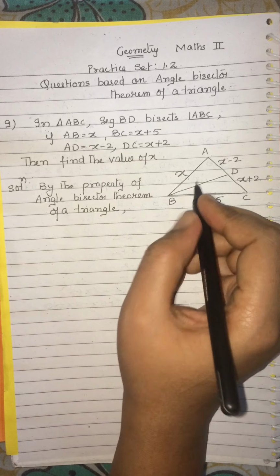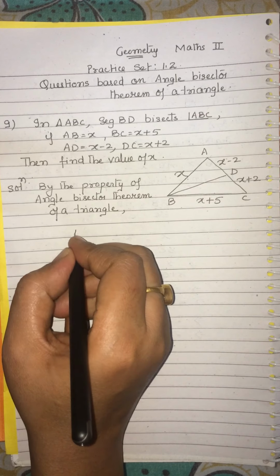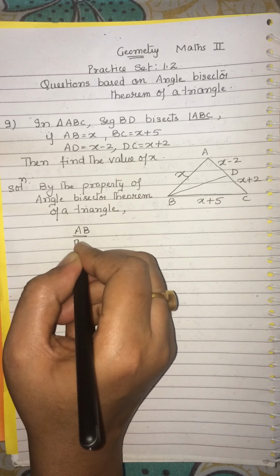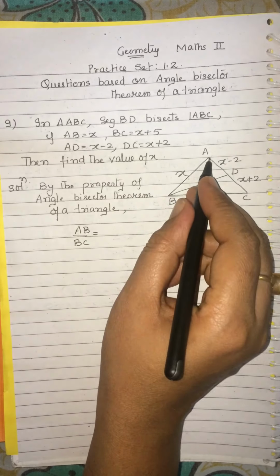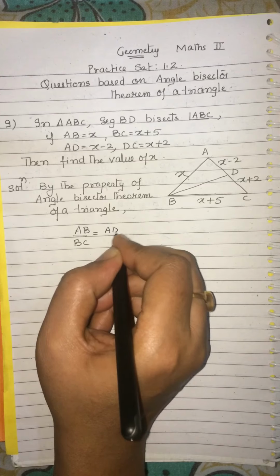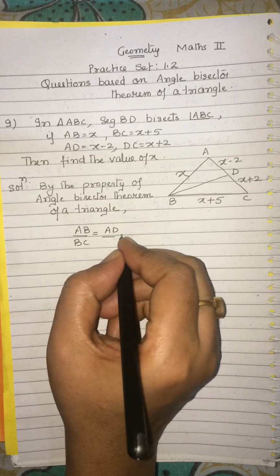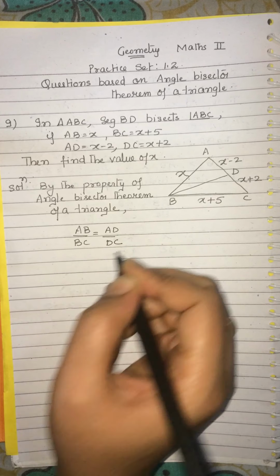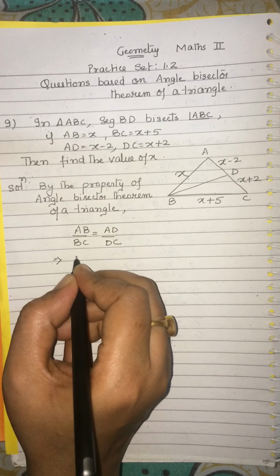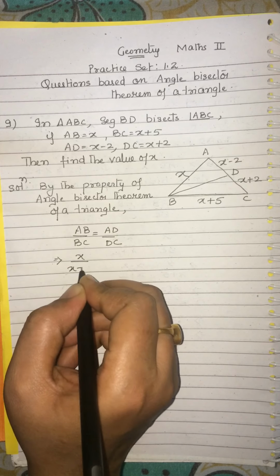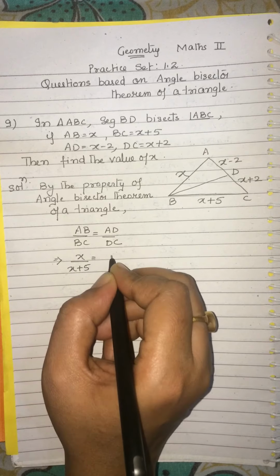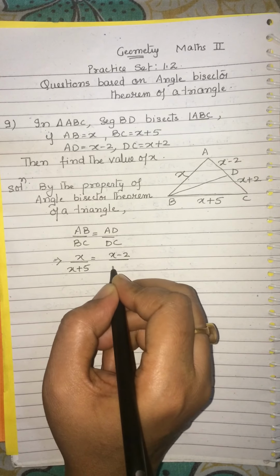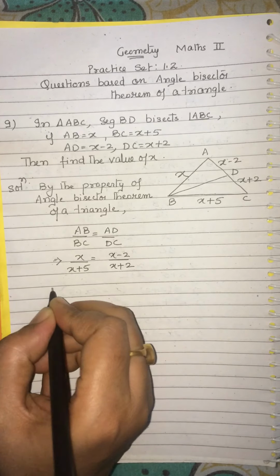The ratio of the remaining two sides, that is AB upon BC, is equal to AD, the ratio of the related sides. So that gives us x upon x plus 5 is equal to x minus 2 upon x plus 2.